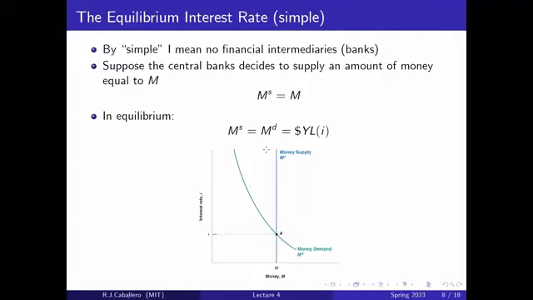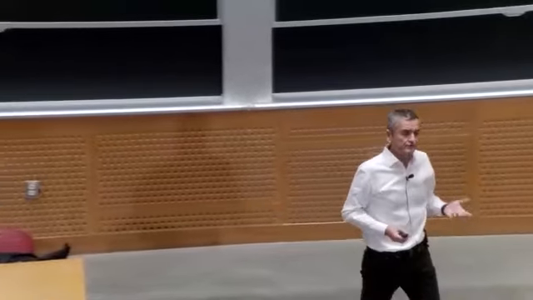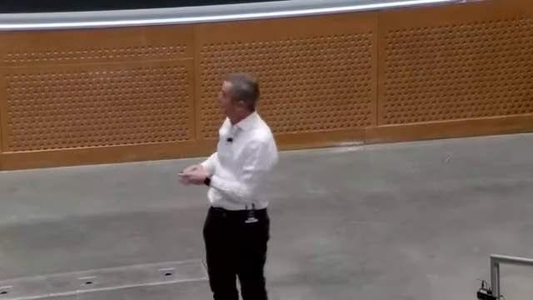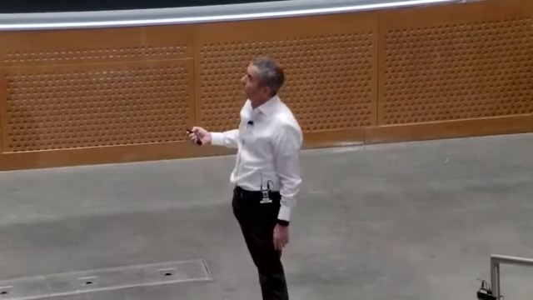So let's see what happens here. Suppose that the Fed, for reasons that you'll understand better in the next lecture, decides that they want to have an expansionary monetary policy. Expansionary monetary policy means it's going to expand M. It was offering a certain amount of M, and now it decides to offer more of that M. So what happens in equilibrium?